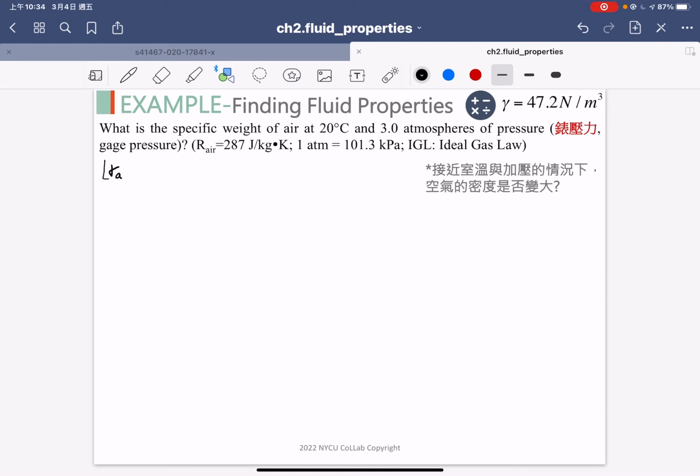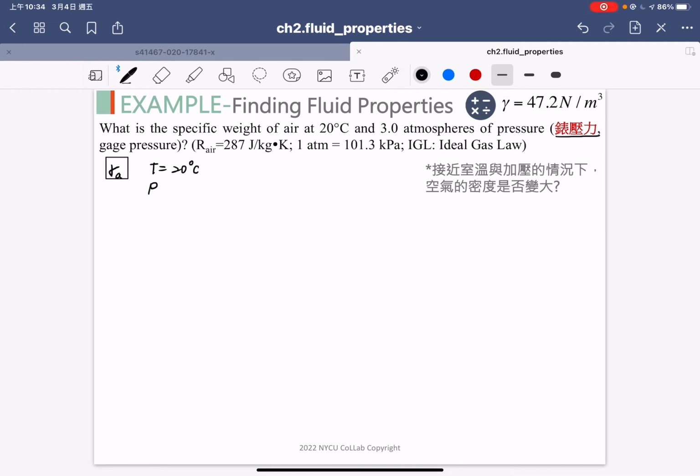Okay, we didn't know these parameters, gamma A. And we know the temperature T is 20 degrees. And the pressures, because they emphasize this is gauge pressure.